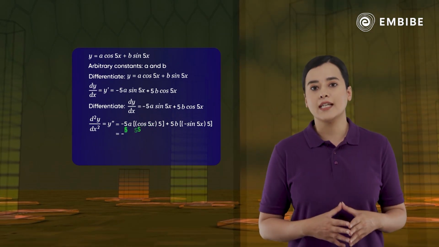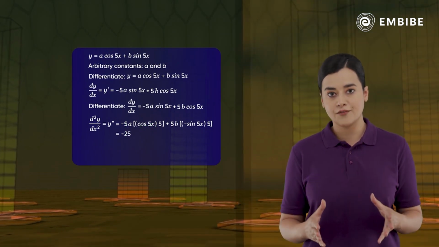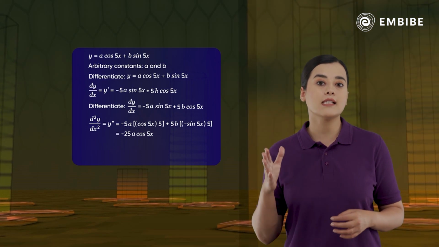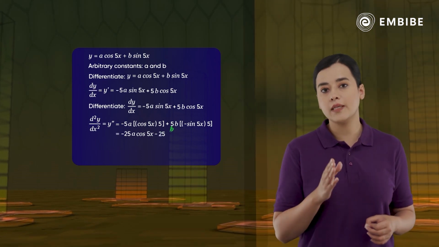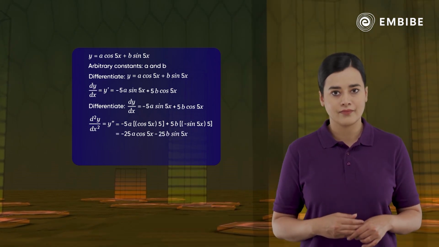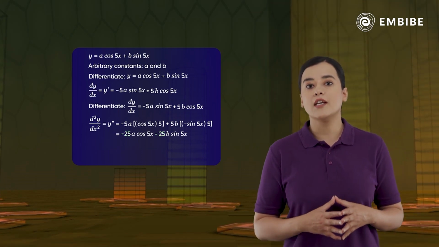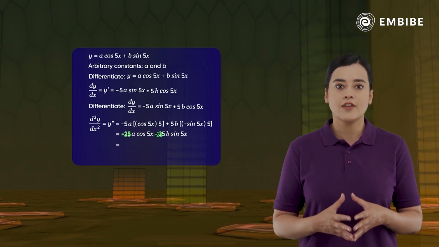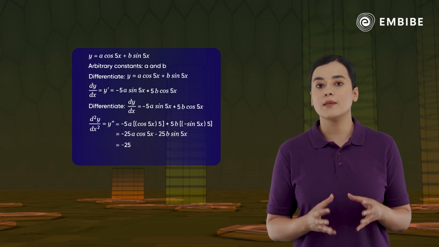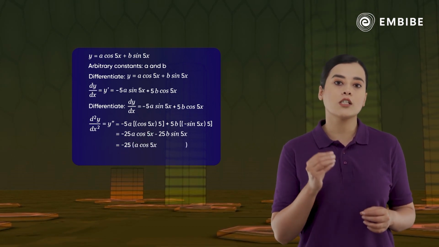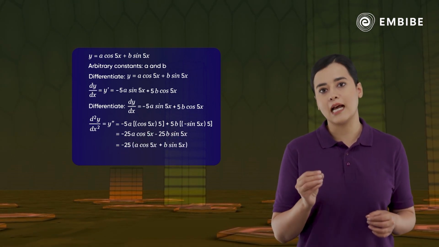This can be simplified to minus 25a cos 5x minus 25b sin 5x. Taking minus 25 common from both the terms, we have minus 25 times brackets a cos 5x plus b sin 5x.